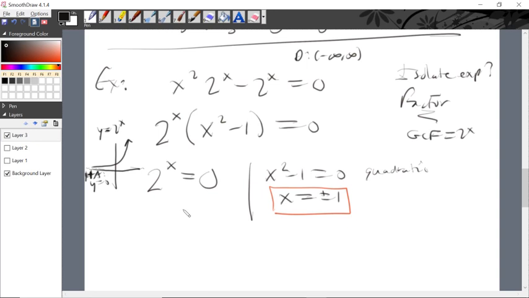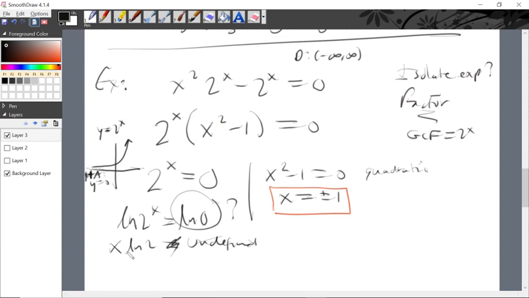Now we can also figure that out symbolically by applying the technique. For instance, let's say we apply logarithms. If we take the natural log of 2 to the x equals the natural log of 0. Well, natural log of 2 to the x is the same as x times the natural log of 2. But the natural log of 0, that's undefined.